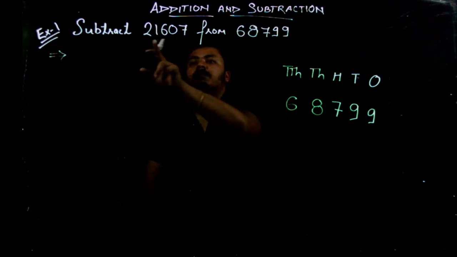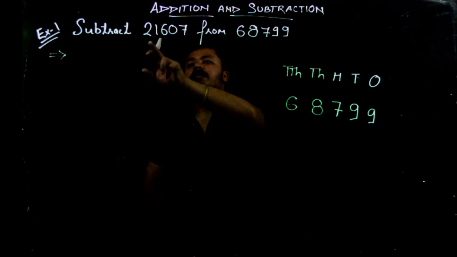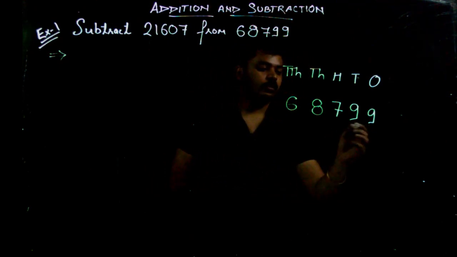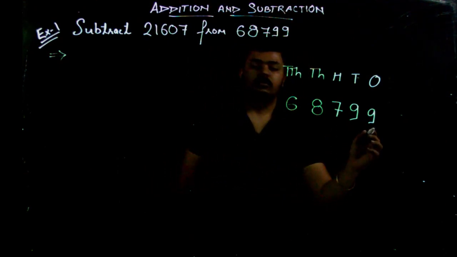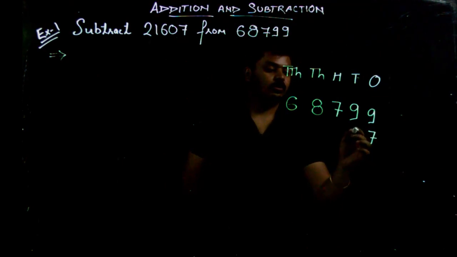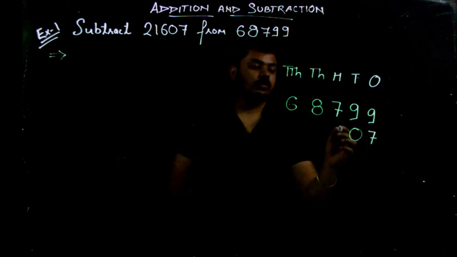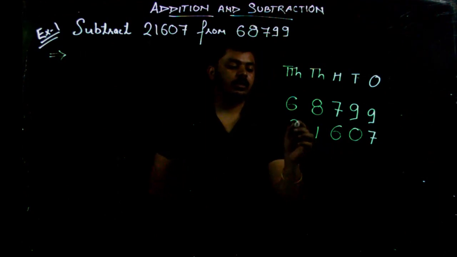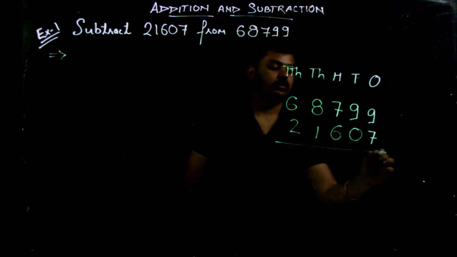And the number to be subtracted, that is the subtrahend, is 21,607. So 7 in ones, 0 in tens, 6 in hundreds, 1 in thousands, and 2 in 10,000s.